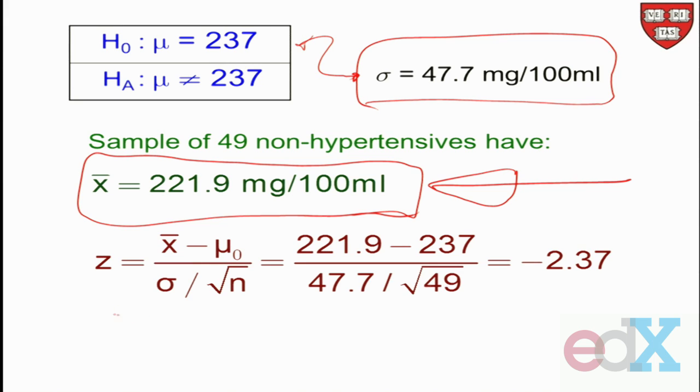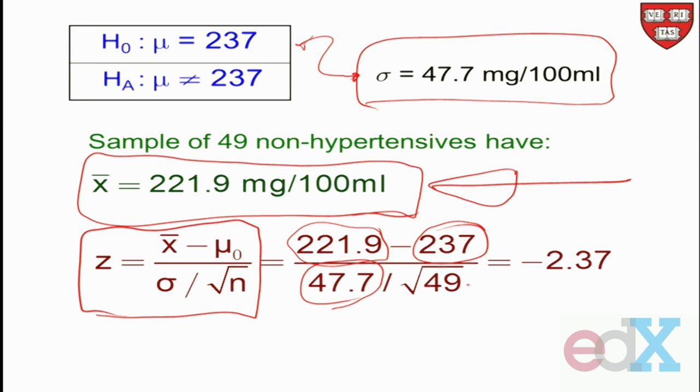The formula was to calculate your standardized variable, which in this case we observed a sample mean of 221.9, the population mean was 237, standard deviation 47.7, sample size 49, square root of that. Then what we get is minus 2.37, which is less than minus 1.96.